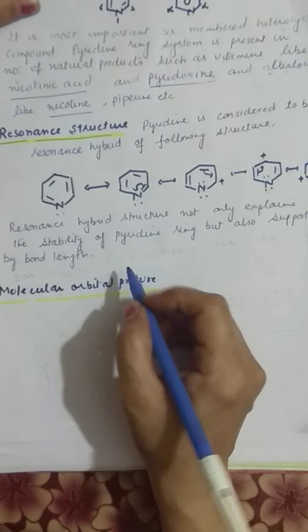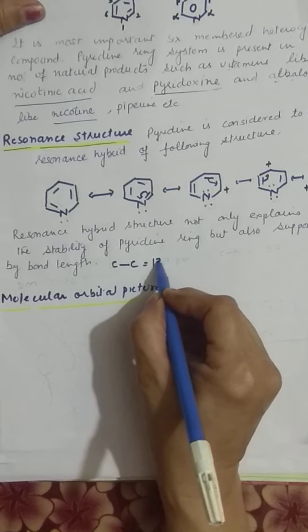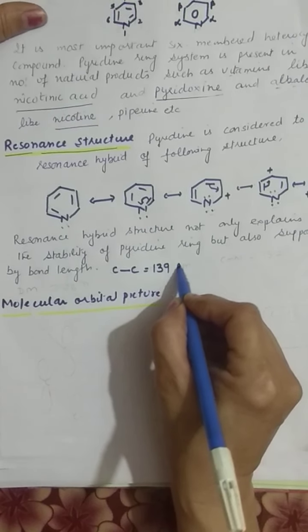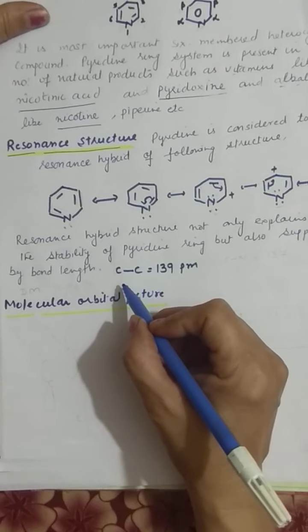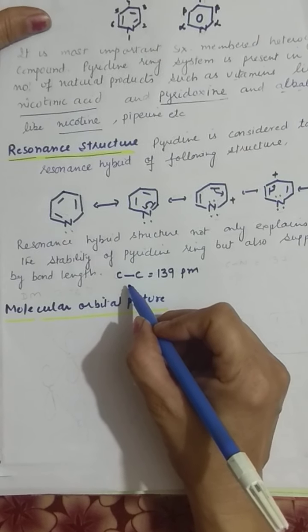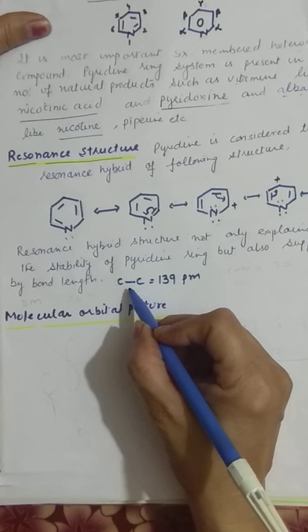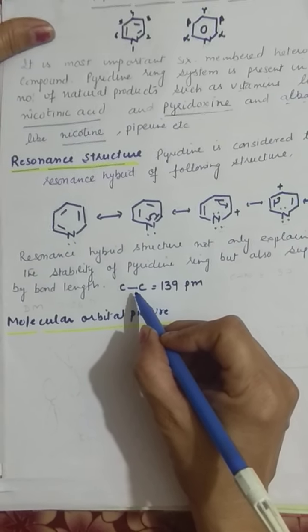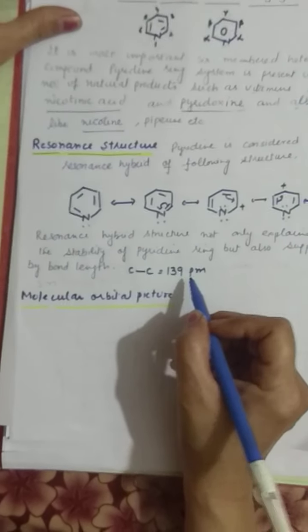Carbon-carbon bond length here is 139 picometer, which is in between the carbon-carbon double bond length, 134, and the carbon-carbon single bond length, 154. So this is very near to double bond length.